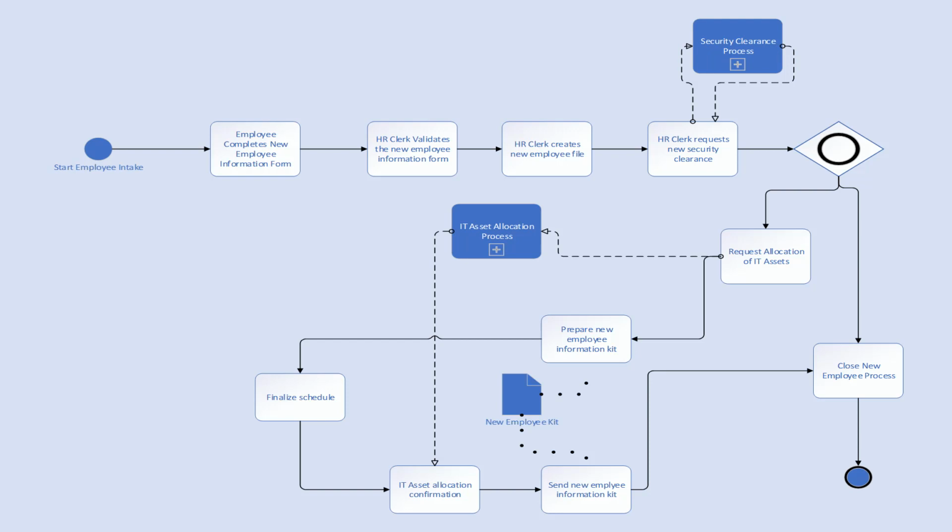We can also describe gates, which give optional results, such as if the employee fails the security clearance check, then the process is terminated. If the security clearance check is successful, then we continue on with the remaining activities.